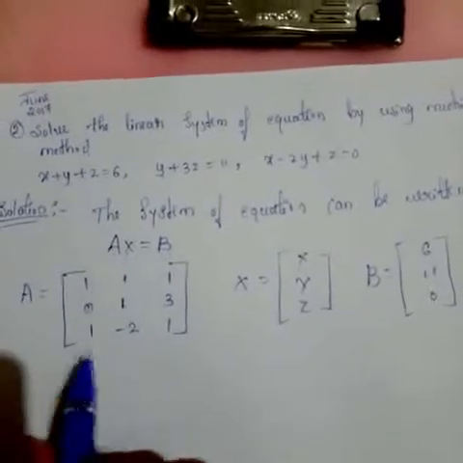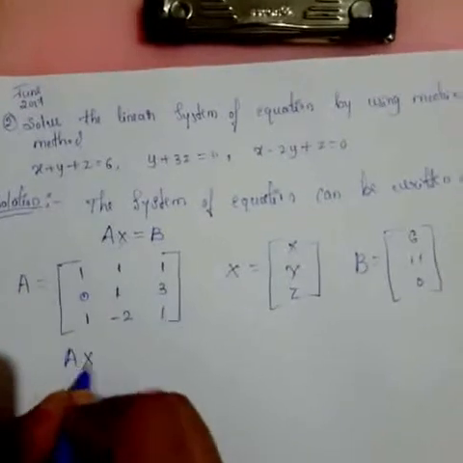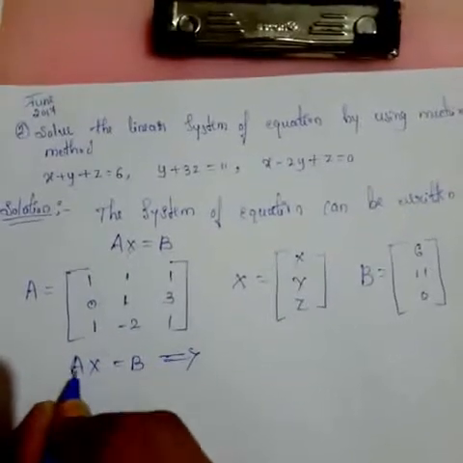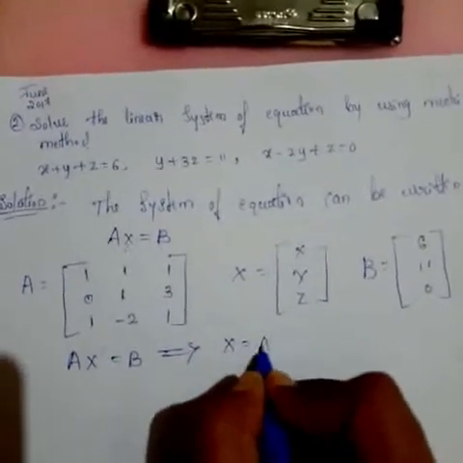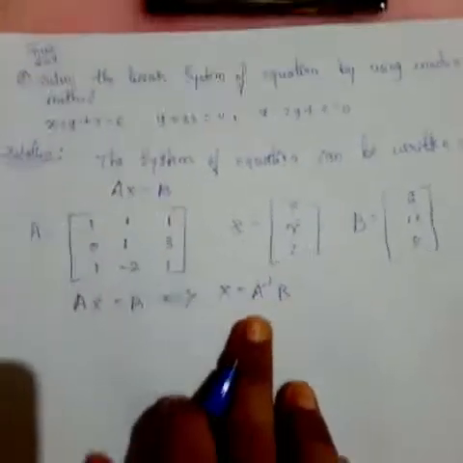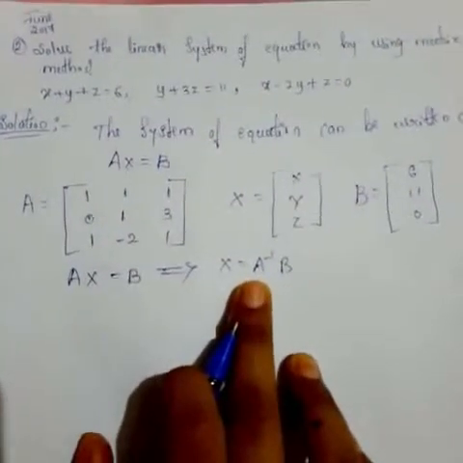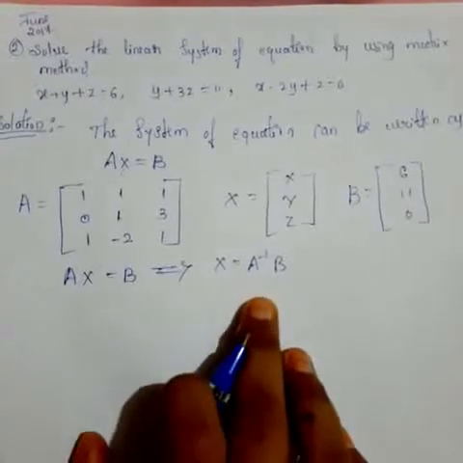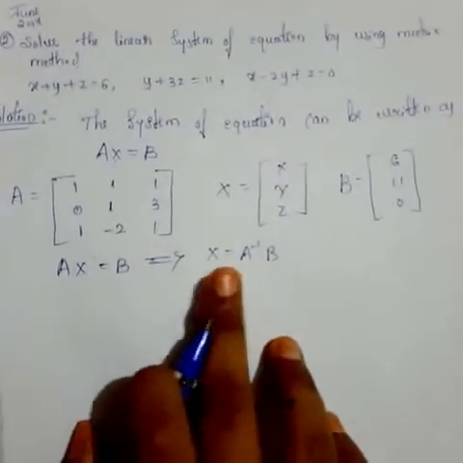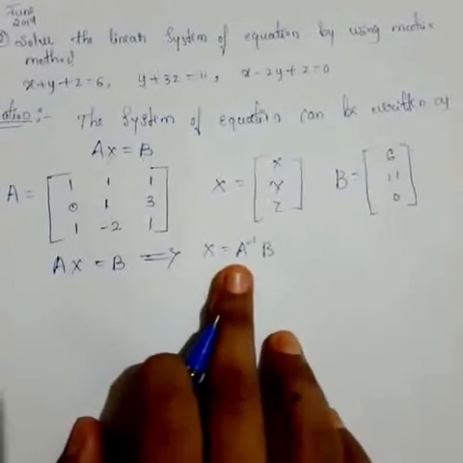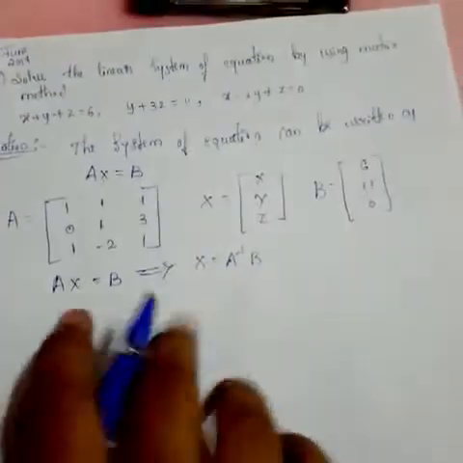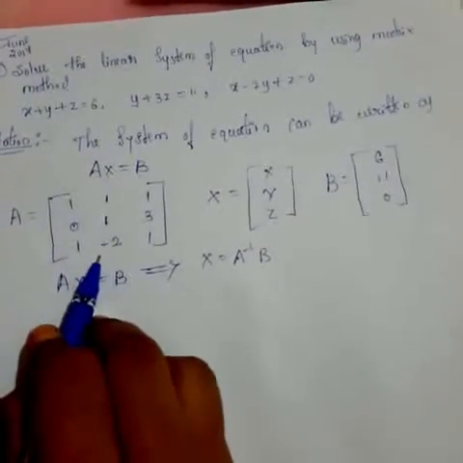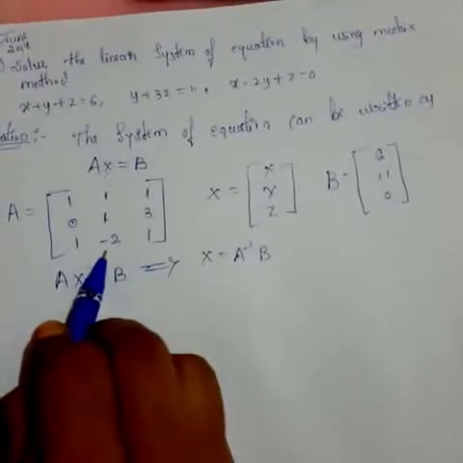See here, AX is equal to B. This goes to the RHS part and becomes A inverse into B. So first we find the inverse of A, then multiply with matrix B, and you will get X. The inverse exists if the determinant of this matrix is not equal to 0, that is, a non-singular matrix. If the given matrix is non-singular, then the inverse exists.